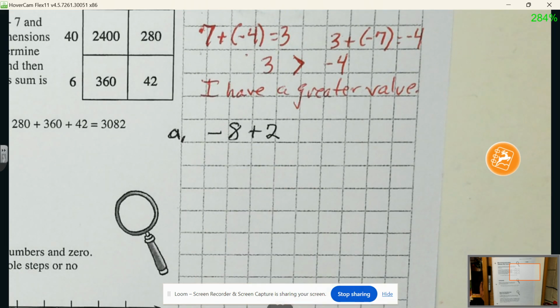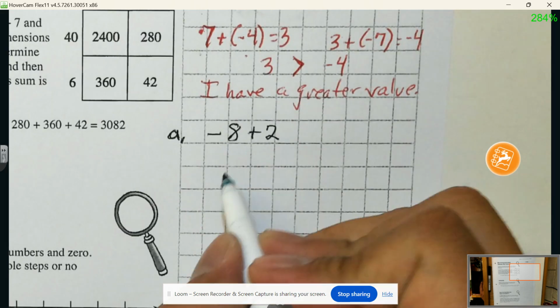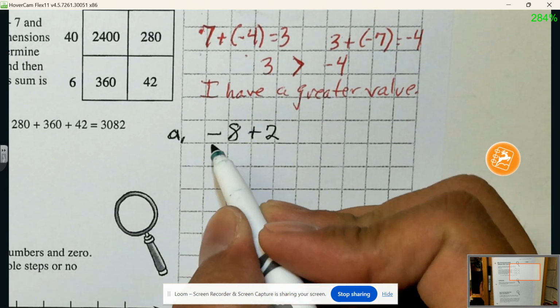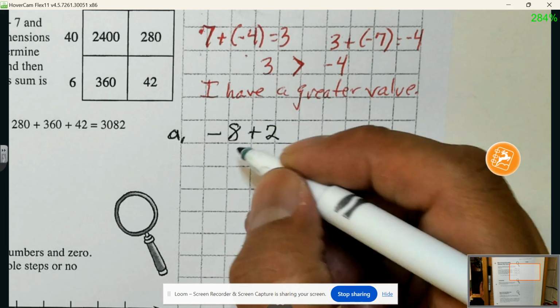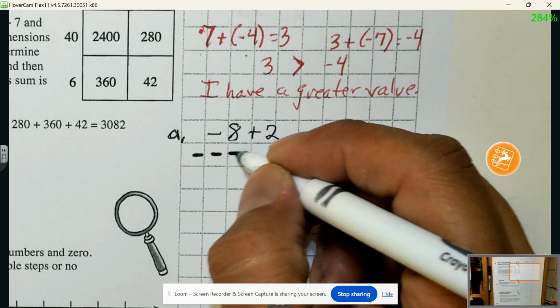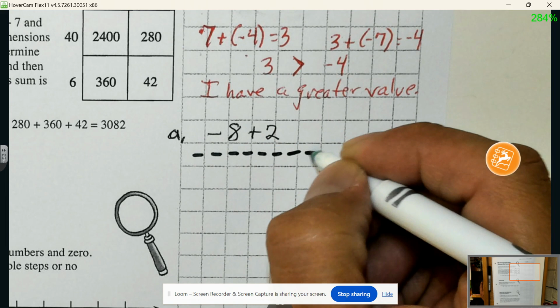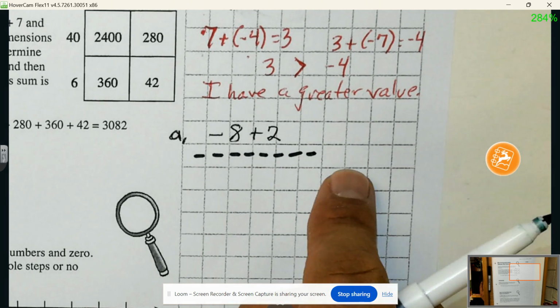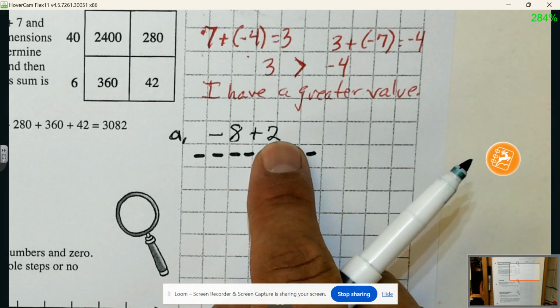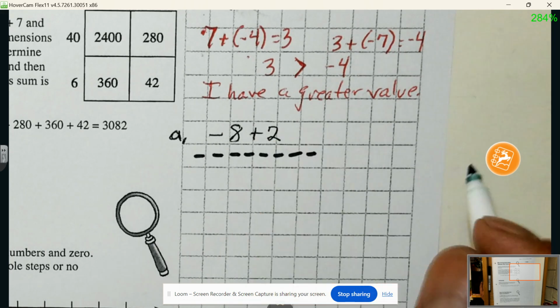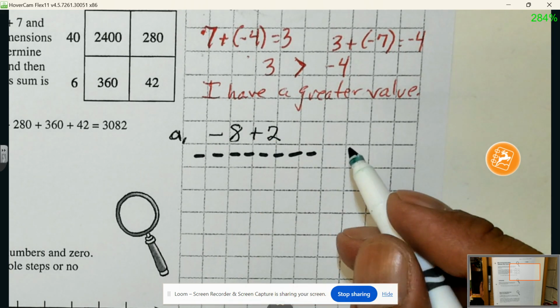If we go slowly, we can think, well, I have 8 negatives because that's a negative 8. So let me just put that down. 1, 2, 3, 4, 5, 6, 7, 8. That's 8 negatives, and I'm going to add 2 to it, and those are positives. So I can add 2 more positives to this collection.